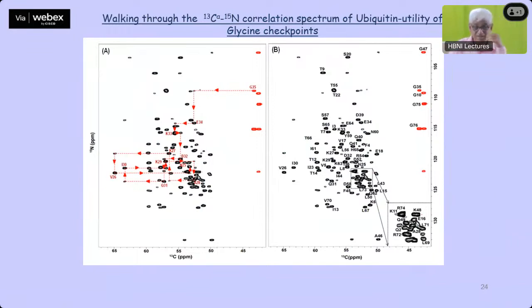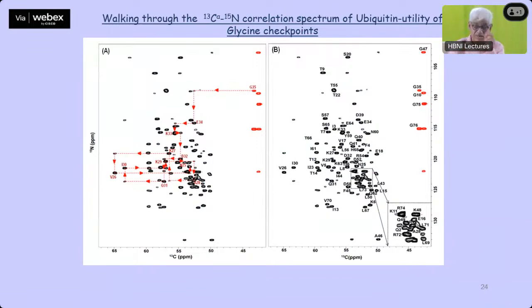Interestingly, you see in these correlations the glycines are distinctly above 45 ppm, because their chemical shift on the carbon axis is very distinct. All other chemical shifts of C alphas are above 50 ppm, going from 50 to 60, 65 ppm. But glycines are distinct, they are above 40. And as we've seen before, the glycines have a very special peak pattern.